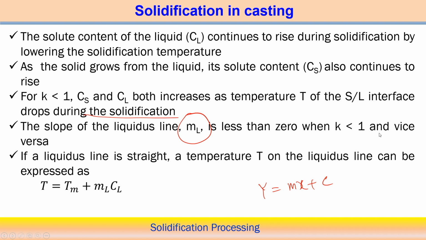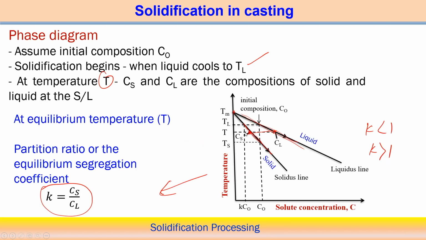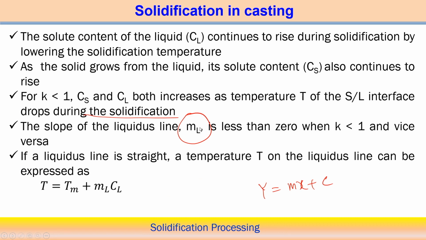The intercept along the y axis is Tm, the starting point. This way we can represent any temperature in terms of the composition, the slope, and the melting point temperature.